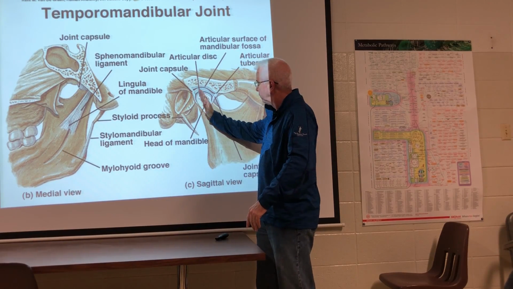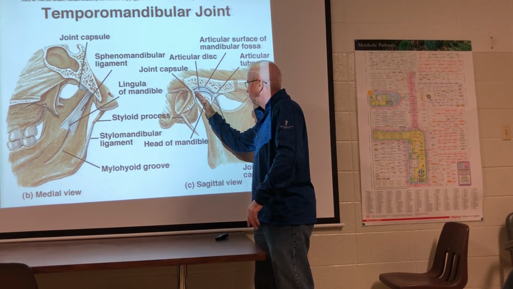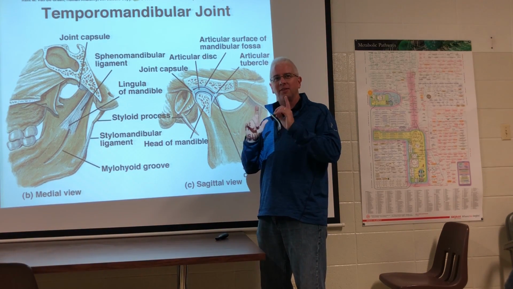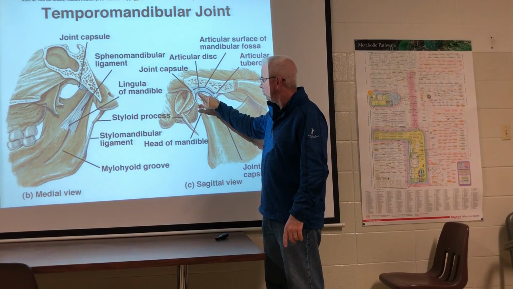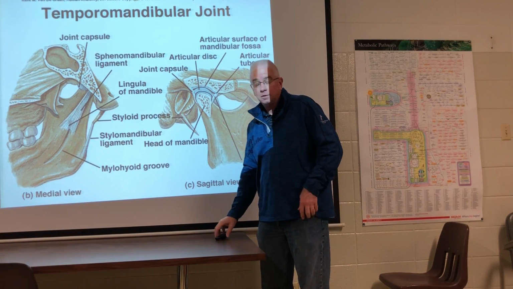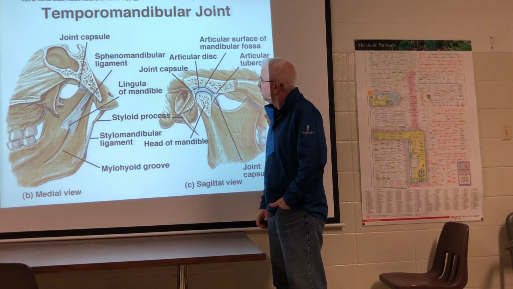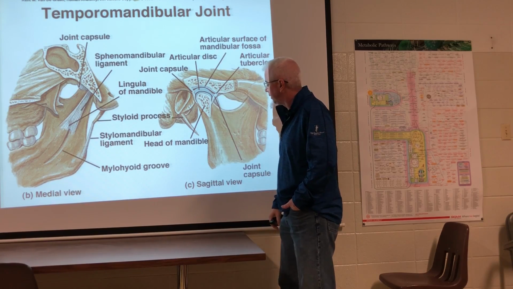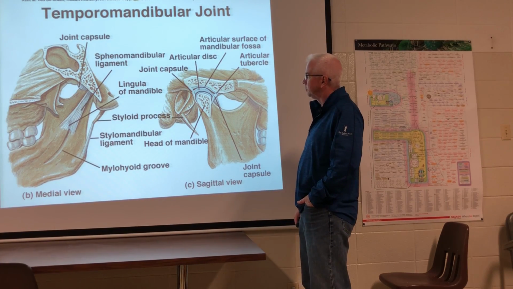So forward and down, forward and down. And so every time we open our jaw, you are rubbing this condylar surface on that articular disc. And some people are prone to more problems with this than others. But you can see the anatomy of it and how that could potentially create problems there.